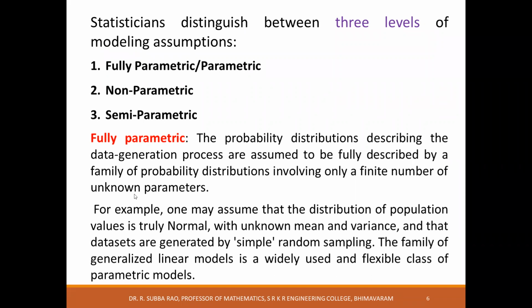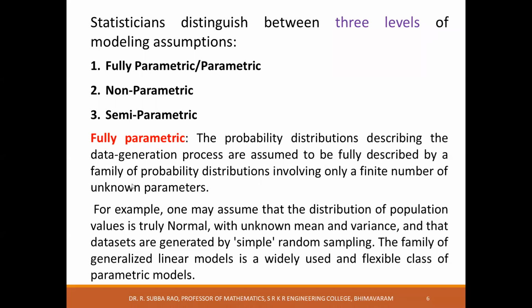One is fully parametric, the second is non-parametric, and the third is semi-parametric. That means you can see three types of estimations or three types of models: parametric models, non-parametric, and semi-parametric.